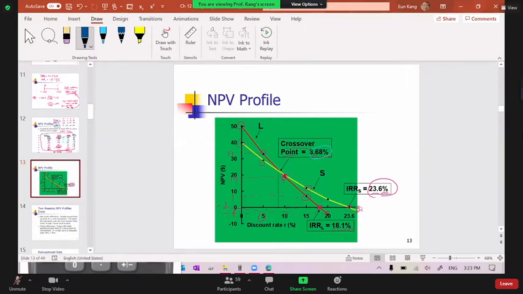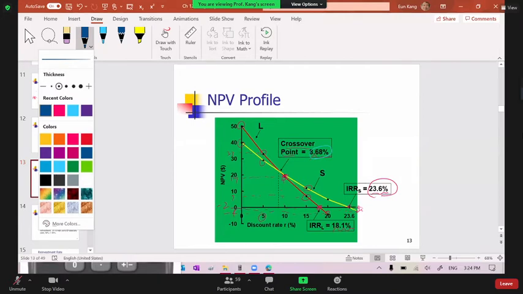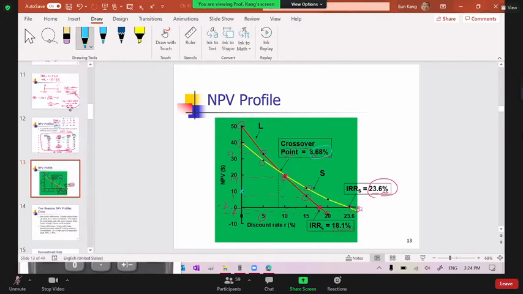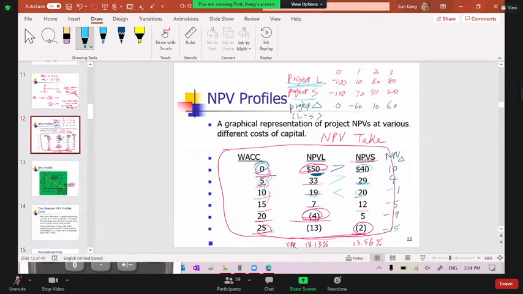So also, if I ask you to draw the net present value profile of project L, project S, and project delta, then what? Then you have to draw maybe in this color. At 0, it is 10, right? And at 5, it is 4.